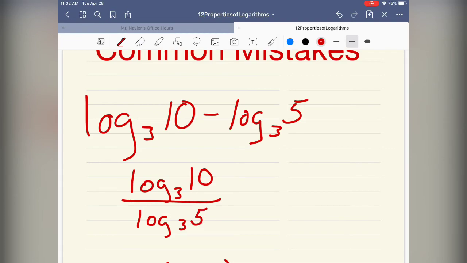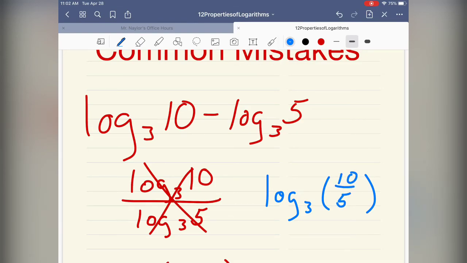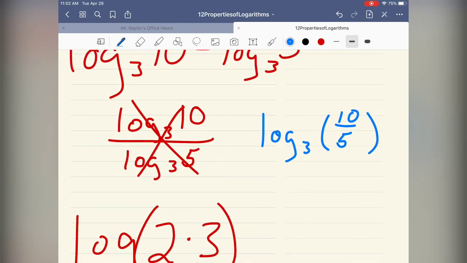Now, you might say, what's wrong with that? Well, remember, when you have subtraction, you make a fraction, but it's supposed to be 1 log of 1 fraction. So you have to force yourself to write this as the log of 10 divided by 5, which is actually a completely different situation, as that simplifies to be the log of 2.